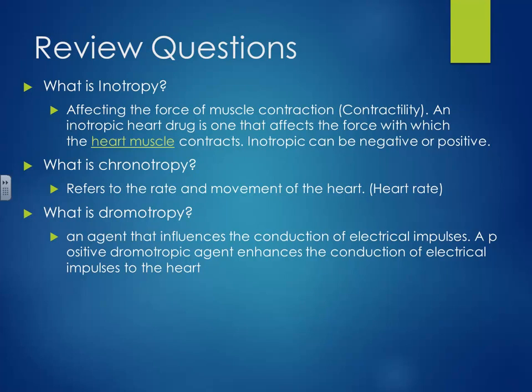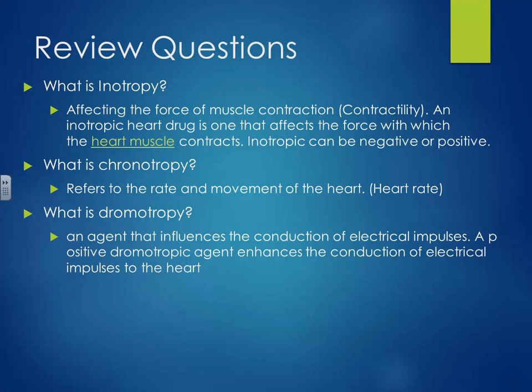What is chronotropy? The rate. The rate and movement of the heart. So a positive chronotropic agent is going to do what? Increase the heart rate. And then dromotropy, or dromotropic. So it has to do with electrical conduction, an agent that influences the conduction of electrical impulses.